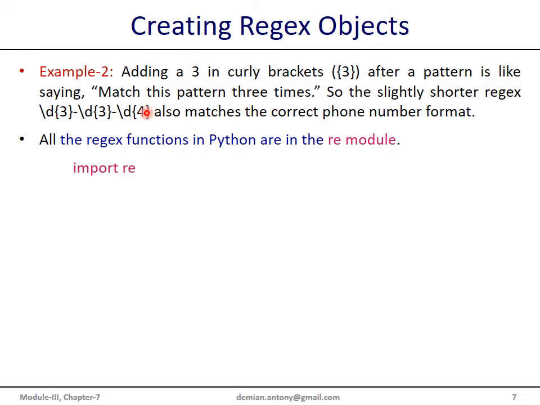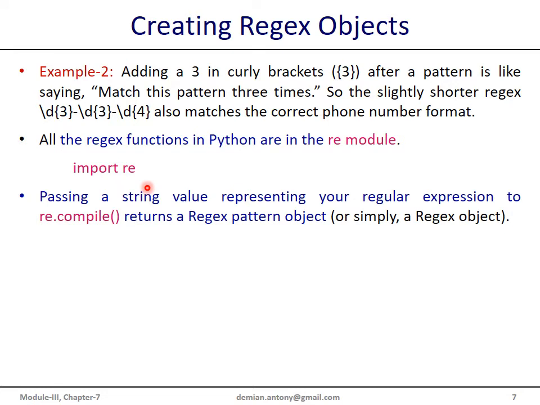And how do we use regular expressions and the related functions in Python? All these regular expression functions are found in a library called re, and we need to import this re module with the import statement, and generate the object representing the regular expression pattern by passing the string having this regular expression to a function called re.compile.